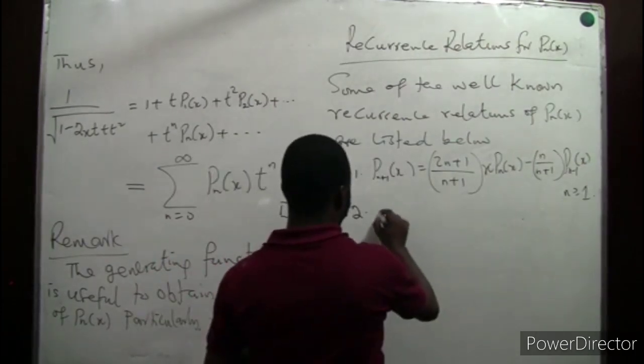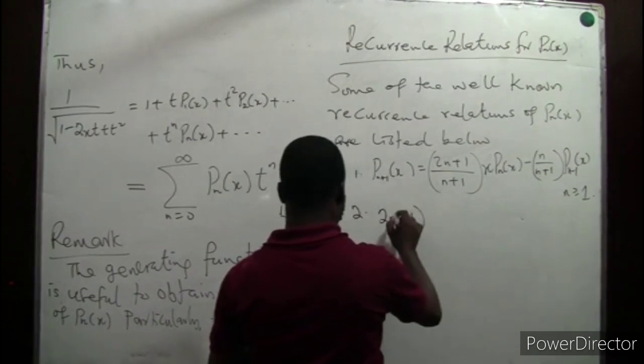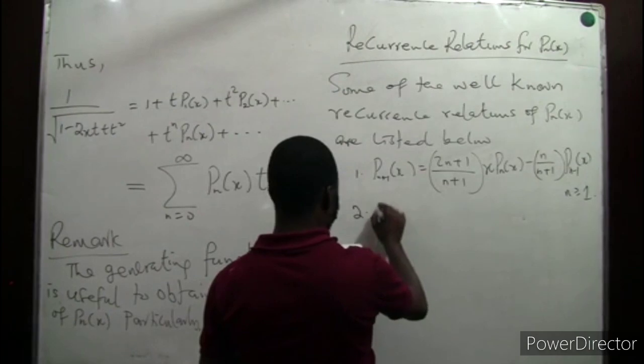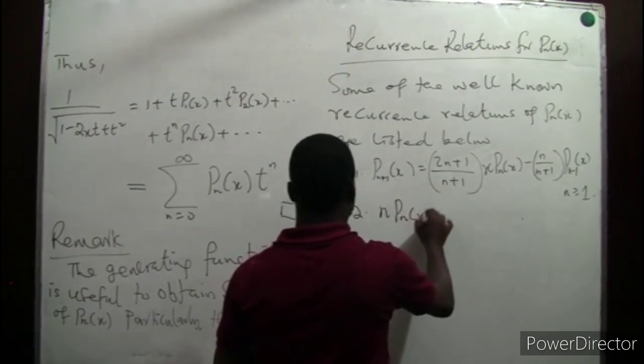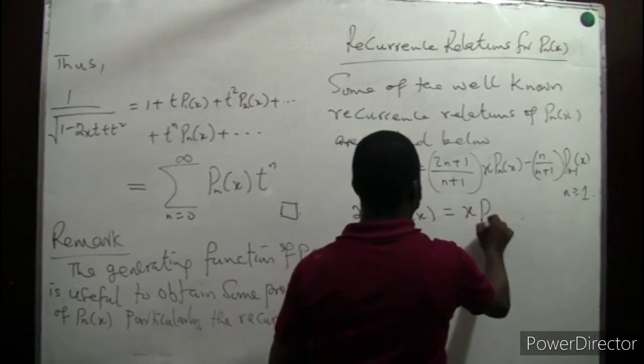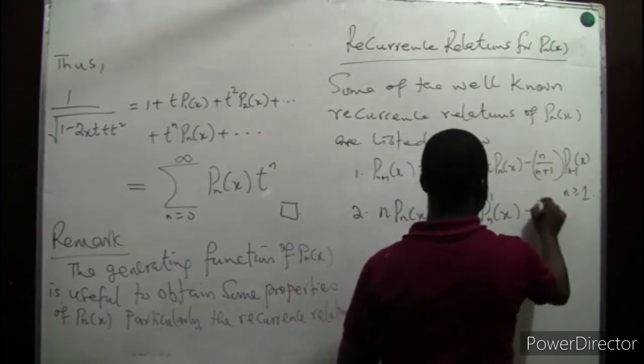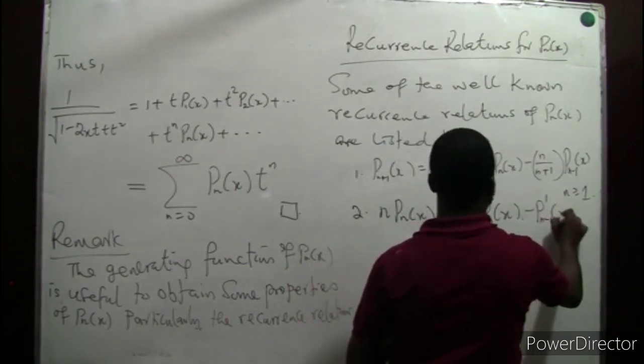Second relation. Let me write this one as my second: n Pn of x equals x Pn prime of x minus Pn minus 1 prime of x.